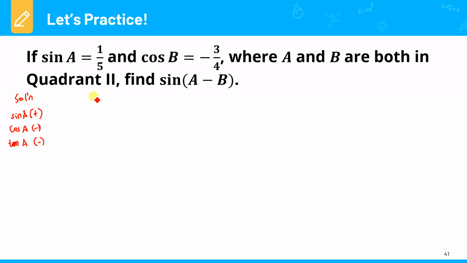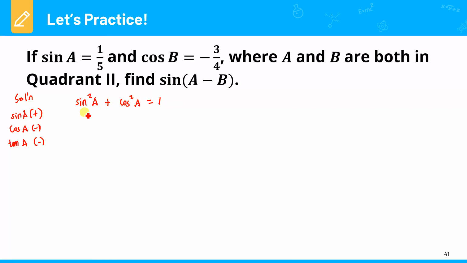We have sine A, but we don't have cosine A. So we have to use the Pythagorean identity. You have sine squared A plus cosine squared A is equal to 1.